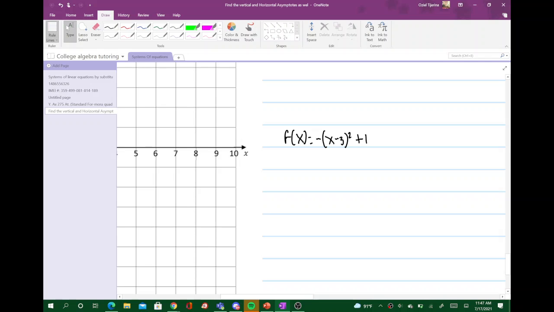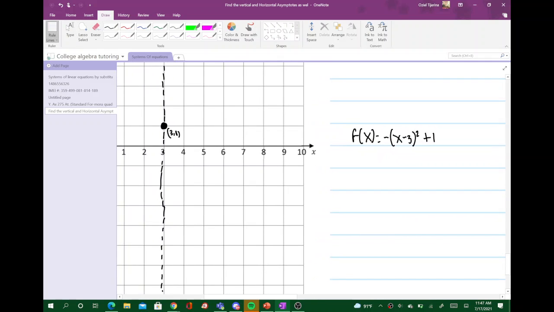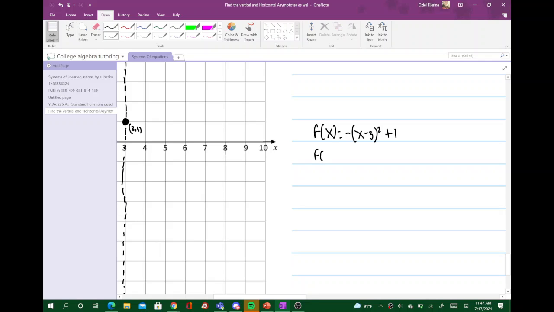Then if we do f of 4, for example, f of 4 is going to be equal to negative the quantity 4 minus 3 squared plus 1. So it's equal to negative the quantity 1 squared plus 1.